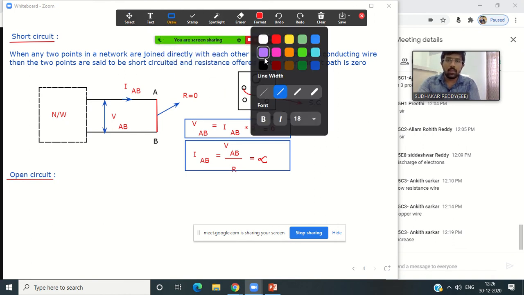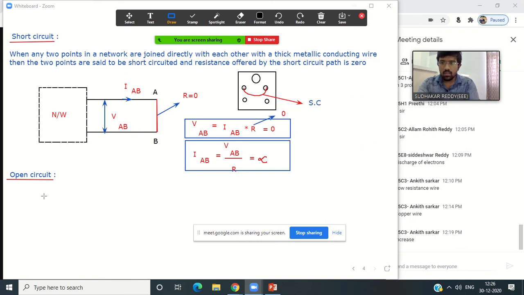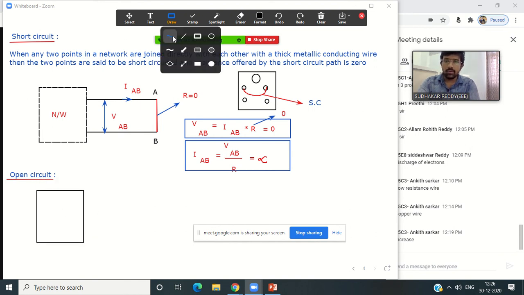Once copied, now keep adding the heading open circuit. We will see what happens, or what the meaning of open circuit is. Once you have understood short circuit, open circuit is very simple, right? Make it fast, a little bit. Completed, everyone?